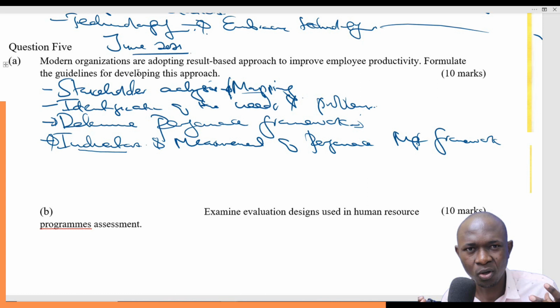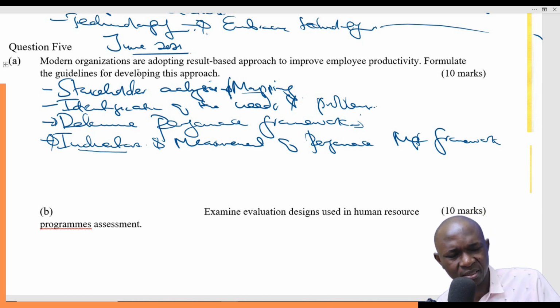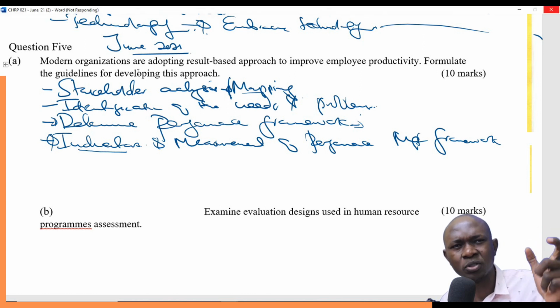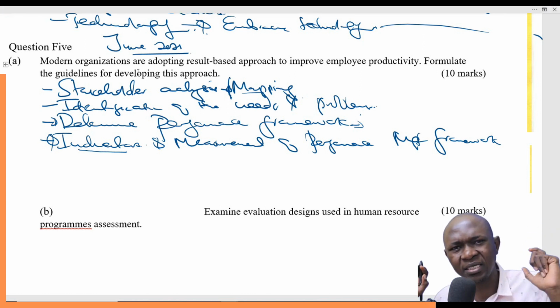We call them the key performance indicators. What will show you that you are on the right track? There must be some measurement, and there must be some units that will be used to show that you are in the right progress. Even if it's reports, at what intervals will we need the reports to show that we are actually in the right progress?